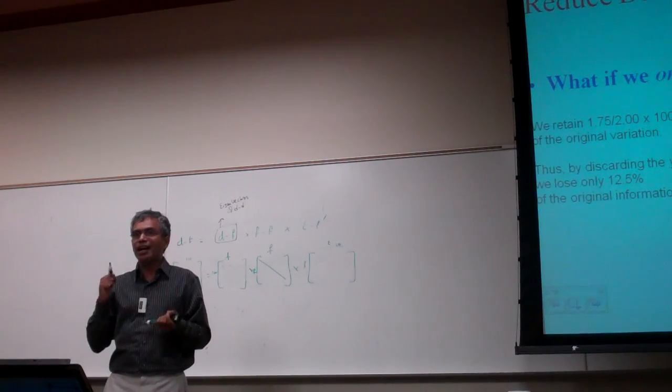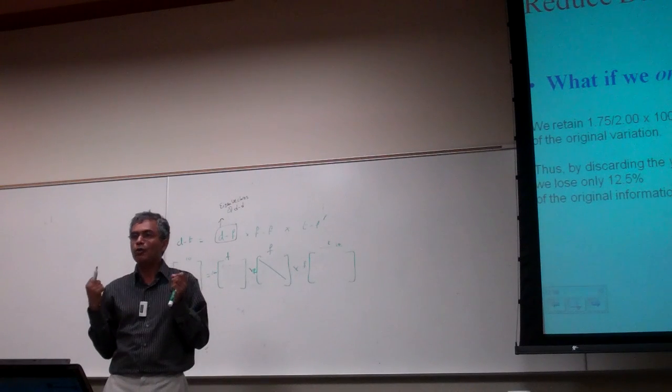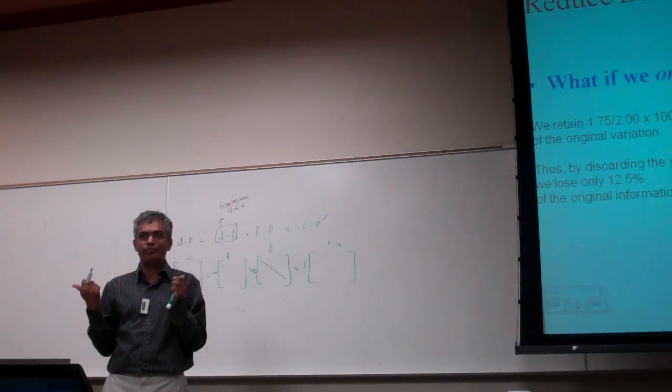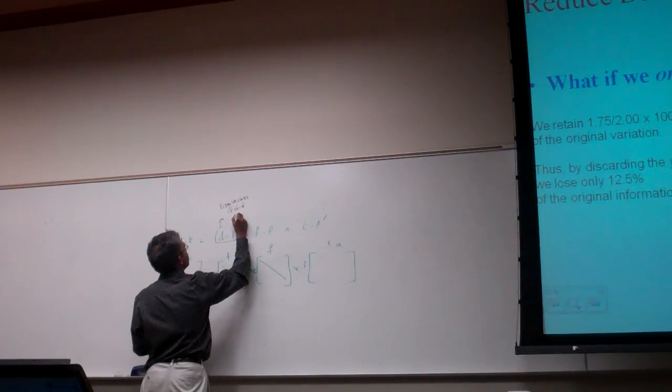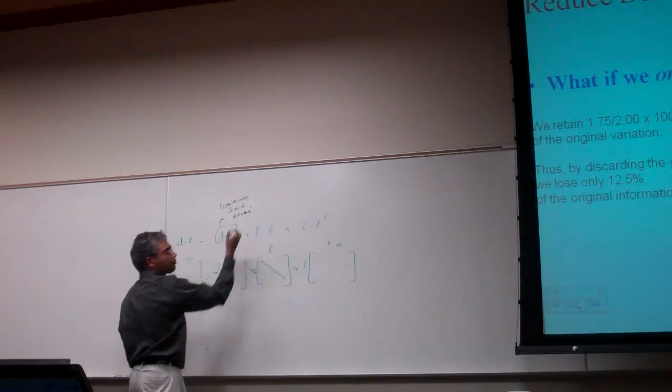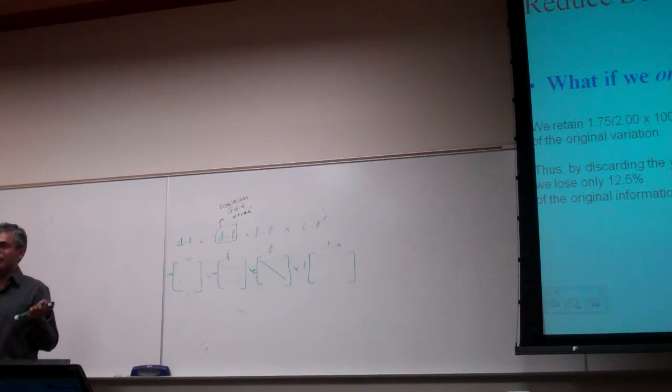The DD is a document-document correlation matrix. How do I get a DD matrix? DT times DT prime. Right? So you know how to do this.